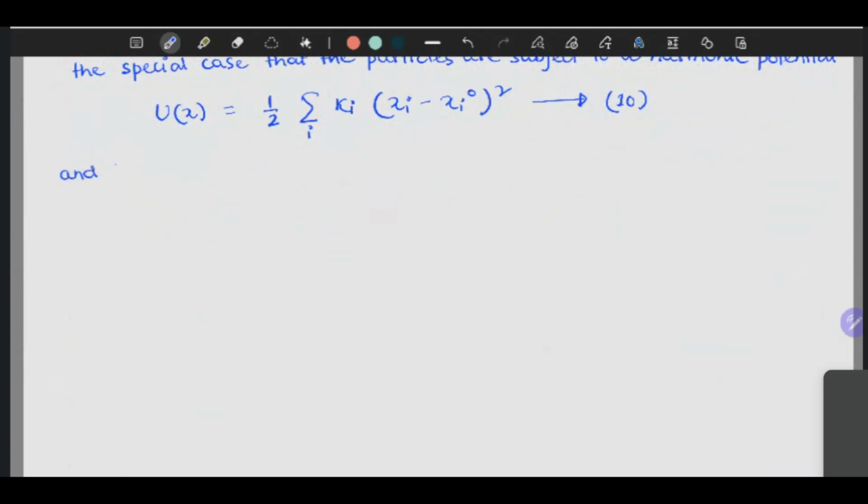And the particle configuration cannot deviate significantly from the equilibrium configuration, let's say x naught, which is x1 naught, x2 naught.